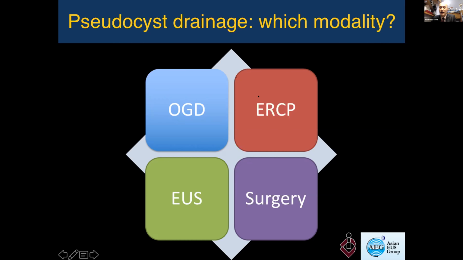So you insert a stent from the papilla to inside the collection via the ERCP approach. And in terms of surgery, it's the traditional either laparoscopic or open cystogastrostomy. And recently, I think EUS has been shown to be gaining more popularity as the preferred type of drainage.